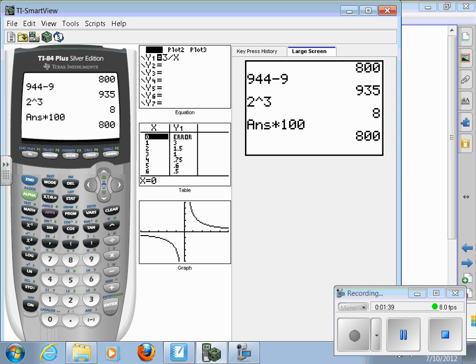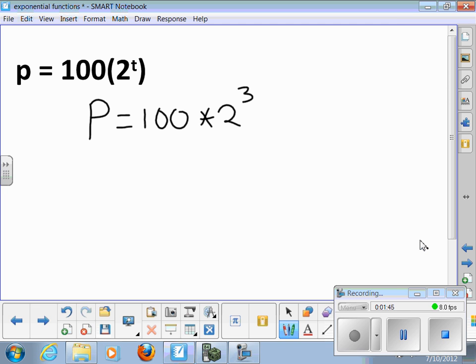So after 3 hours, we would have 800 bacteria. Or you could multiply 100 times 2 3 times. But as the exponent gets larger, it's quicker to just use the exponential function on your calculator.